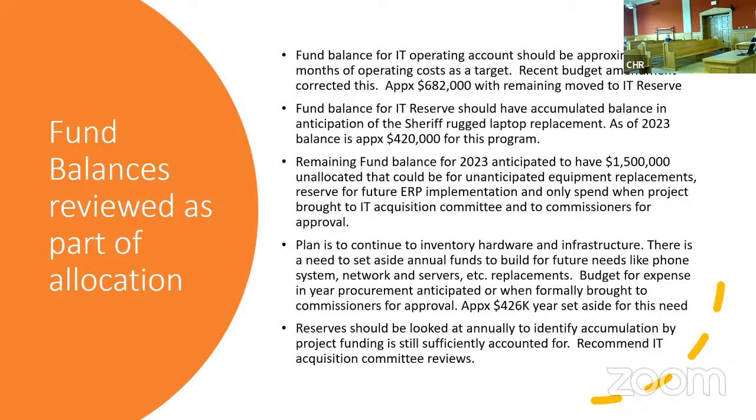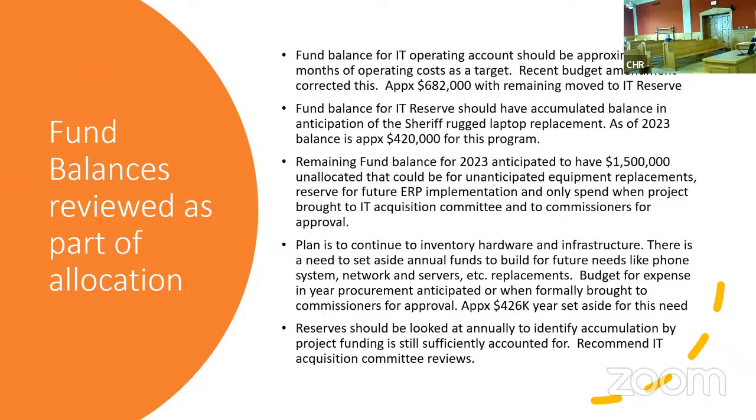So this provides a cushion for unanticipated equipment replacements and a future ERP implementation, and it could only be spent if it's brought to the IT acquisition committee, who would recommend to the commissioners for approval if we were to tap into that particular reserve.